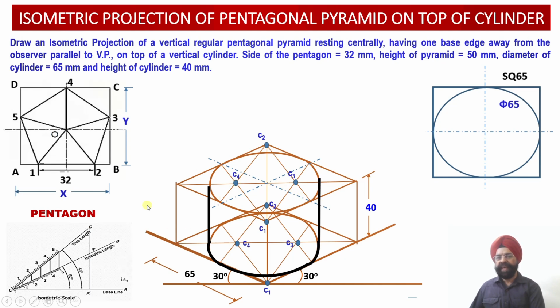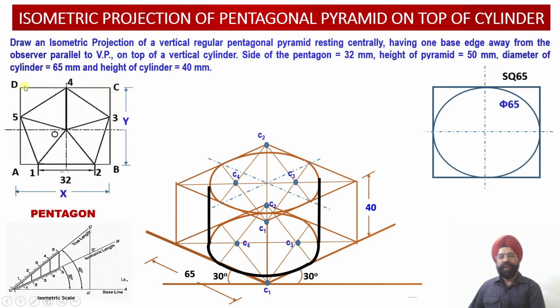Now next thing is the construction of a rectangle, because we have already discussed that this pentagonal shape cannot be directly translated or drawn onto the isometric projection because of the presence of non-isometric lines. And in the isometric projection, neither the angles nor the shape will be preserved.